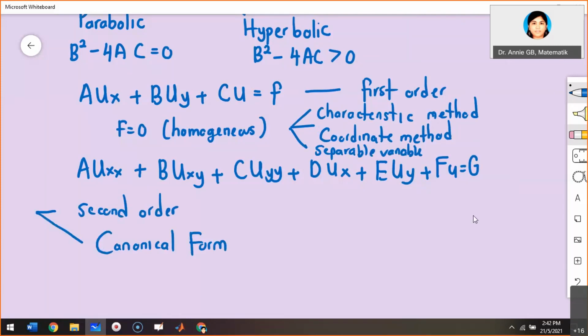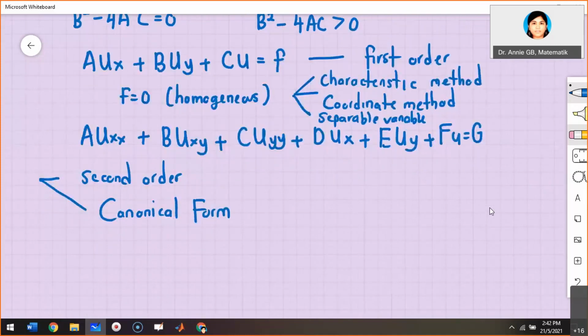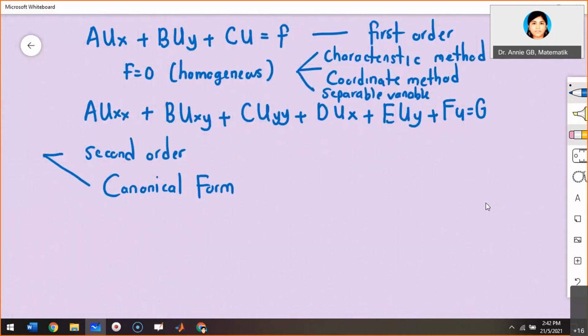But canonical form ni kadang-kadang you cannot get exactly the equation of U. Okay, kadang-kadang you kena stop at certain, dia kena reduce daripada complicated equation, dia akan reduce kepada more simplest form. Okay, now we are interested in look at second order again for that 3 types. Elliptic, parabolic dengan hyperbolic.